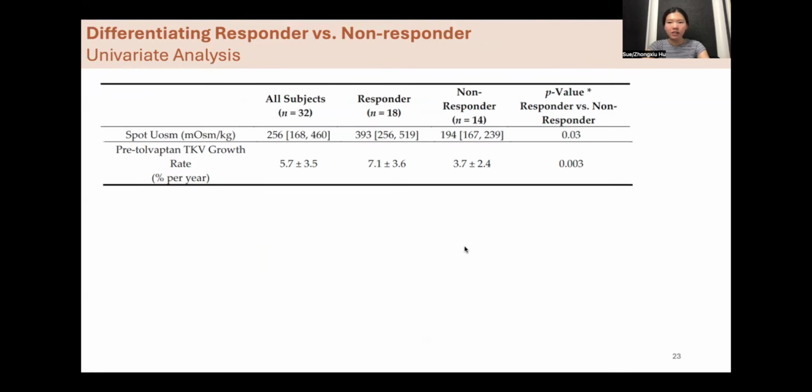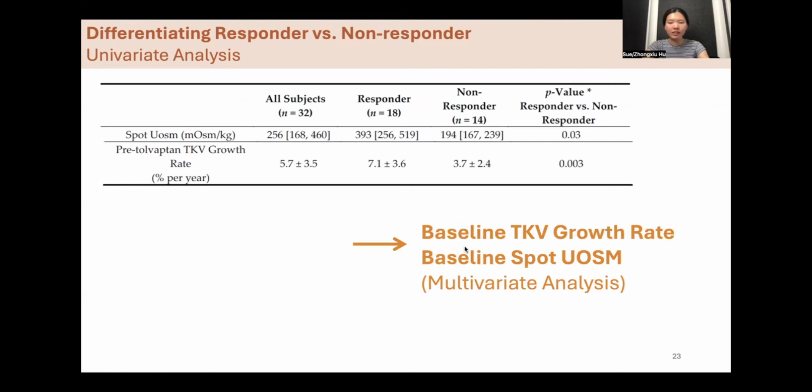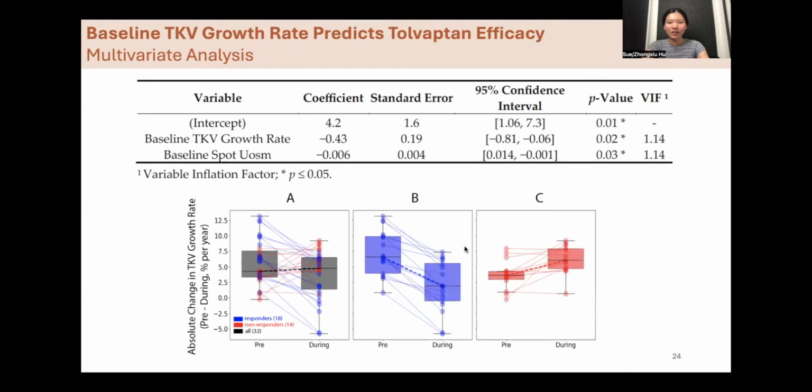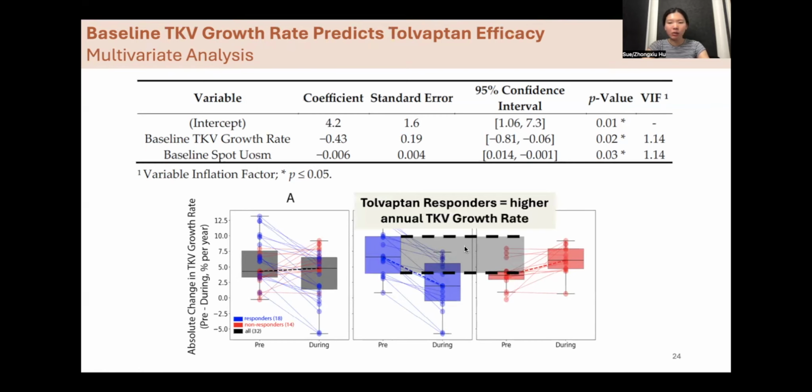On the other hand, baseline TKV growth rate and baseline spot urine osmolality are statistically significantly different between tolvaptan responders and non-responders on univariate analysis. To validate this finding, we performed multivariate analysis, and both parameters stayed significant. Visually, this gap shows the difference in the baseline kidney growth rate between tolvaptan responders and non-responders.